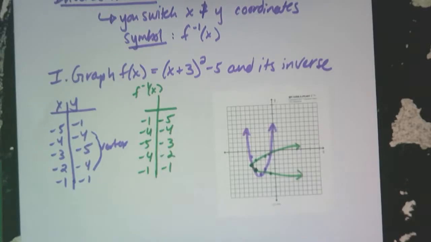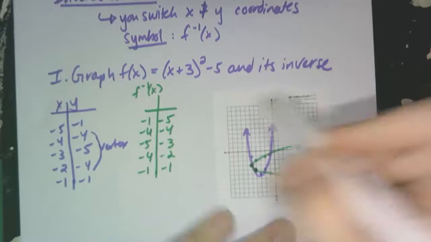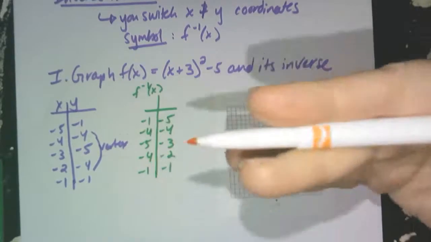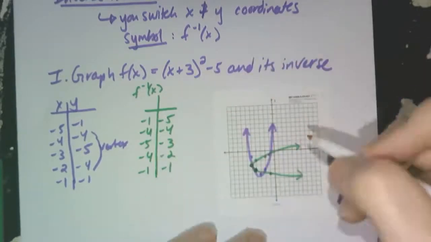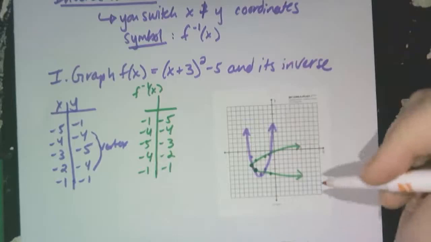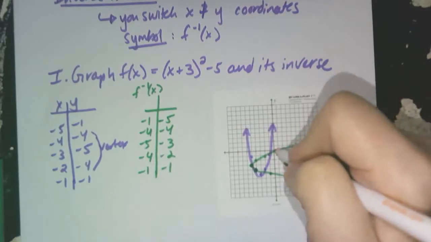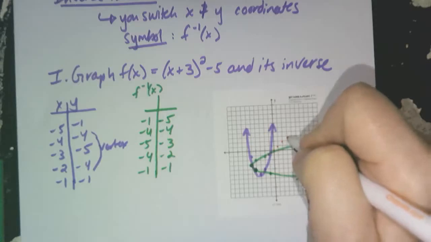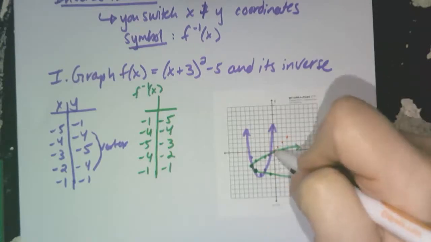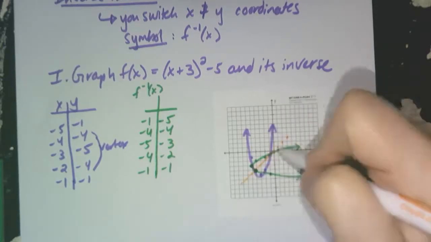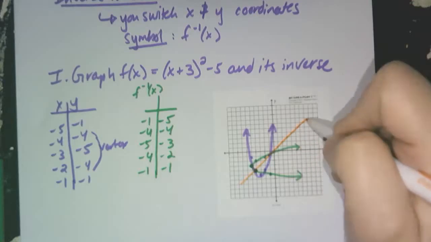Now, the inverse is special because not only is it the x and y flipped, but if you were to graph the y equals x line, if you don't remember, it starts at 0, 0, and goes up 1 over 1, up 1 over 1, up 1 over 1. It's this line right here. That's the y equals x line.